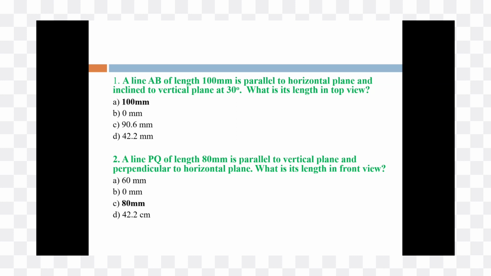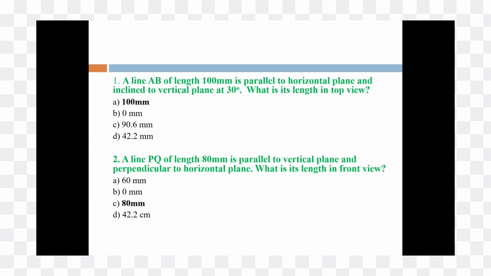The line PQ is given of length 80 mm, and it is parallel to the vertical plane and perpendicular to the horizontal plane. Means in the top view we'll get a point view, and in the front view we'll get a line, which will give the true length.